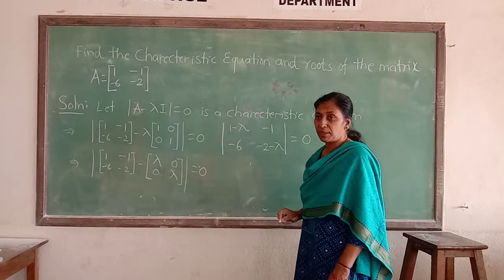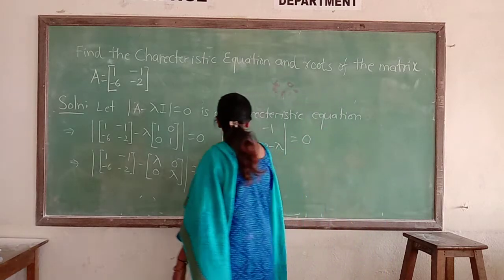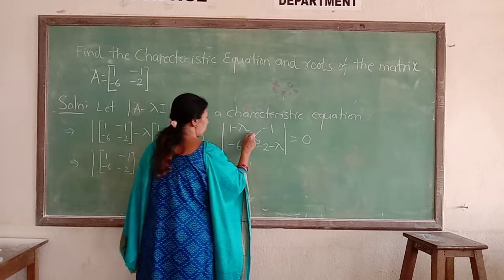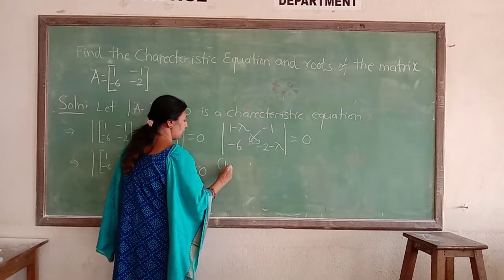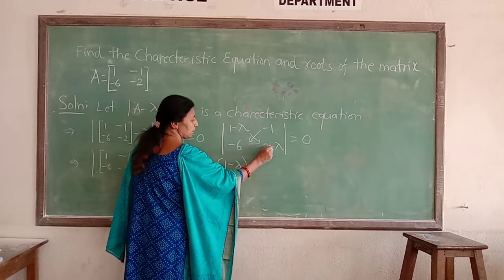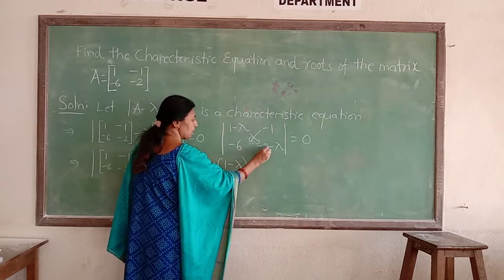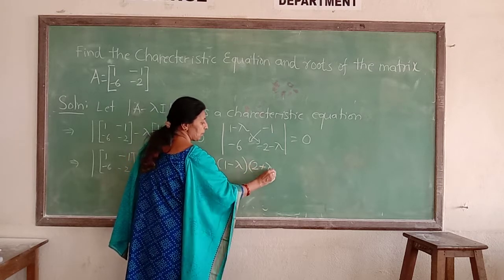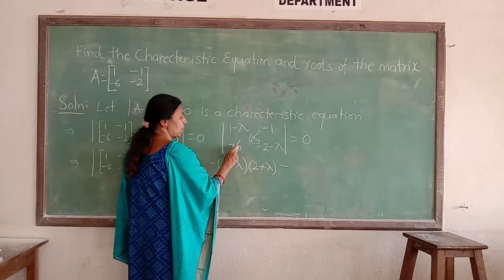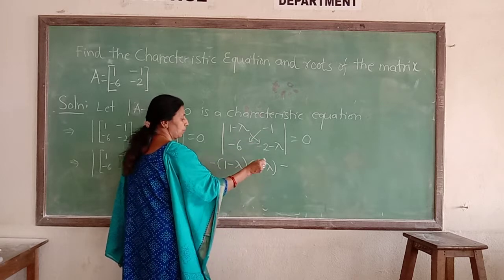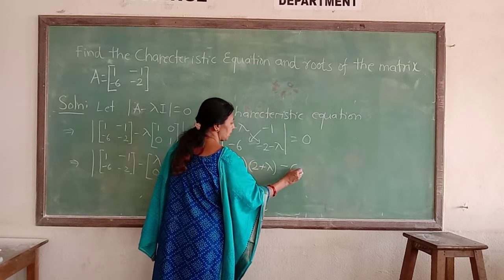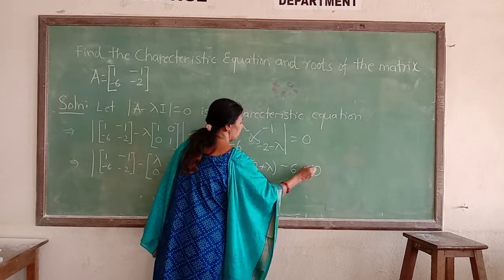Now cross multiply this and this. 1 minus lambda, I take this minus common outside. What remains here? 2 plus lambda remains. Minus 6 into minus 1 is plus 6. But the formula is minus, so 6 here equal to 0.